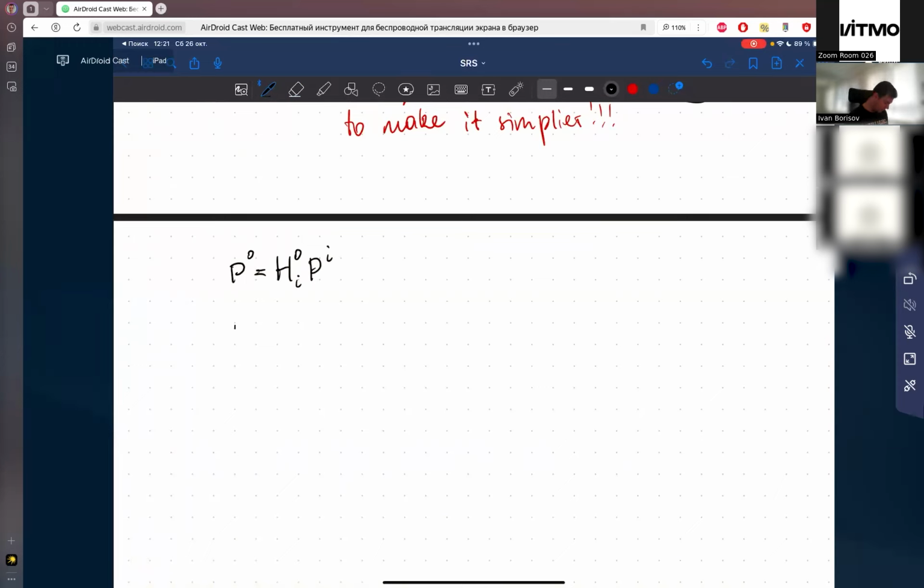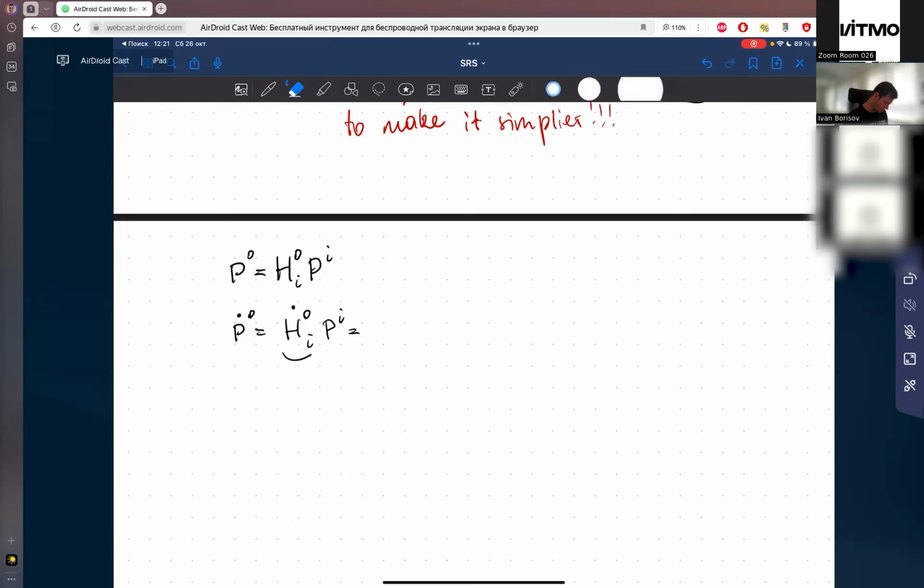You can take a time derivative. You can easily prove that the velocity will look like this, since p dot I will be constant. And we can rewrite this h dot in terms of twist.